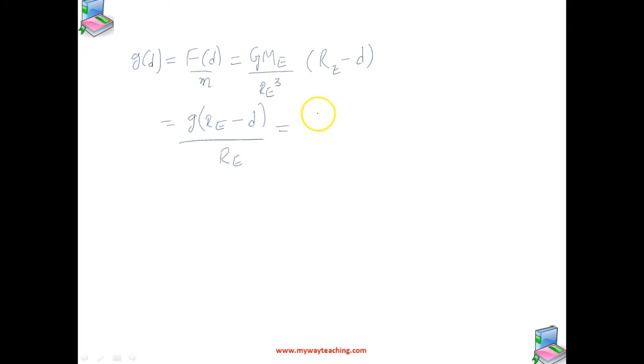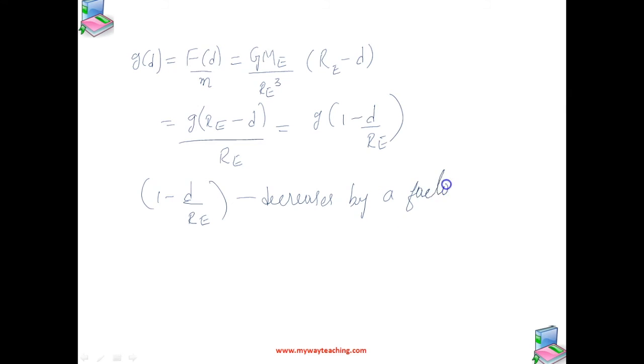In other words, we can write it as g times (1 minus d by Re), isn't it? So thus, as we go down below the Earth's surface, the acceleration due to gravity decreases by the factor of 1 minus d by Re as we go deeper.